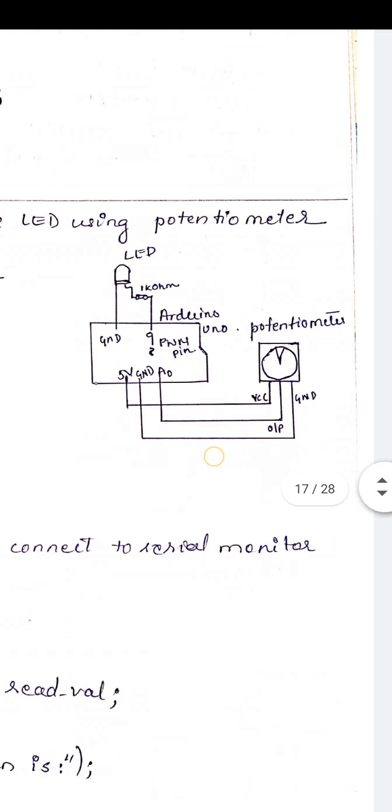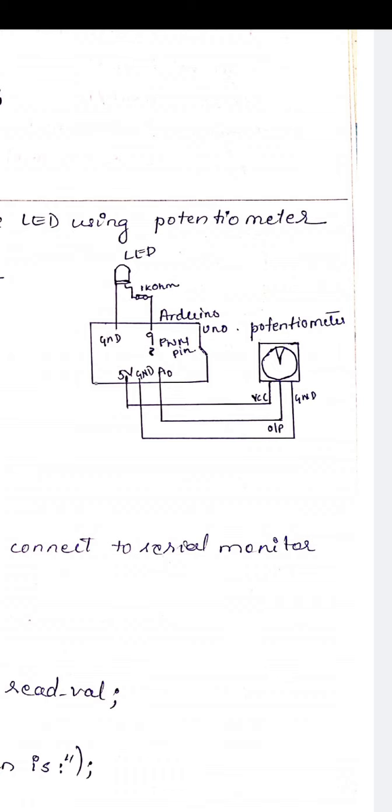A potentiometer is an analog device, and it will change the value based on how you change the arm on it, and it will give an analog output. So I've chosen one of the analog pins, that is A0. VCC is the power supply, and we have given the 5-volt power supply, and the ground we have connected to the ground. So the connection is very simple.